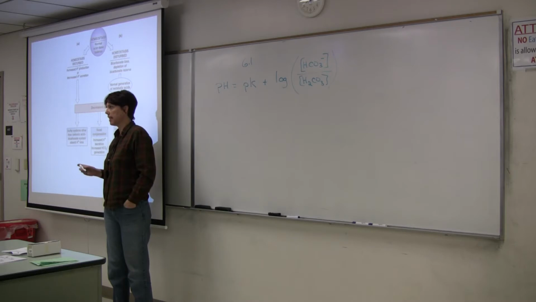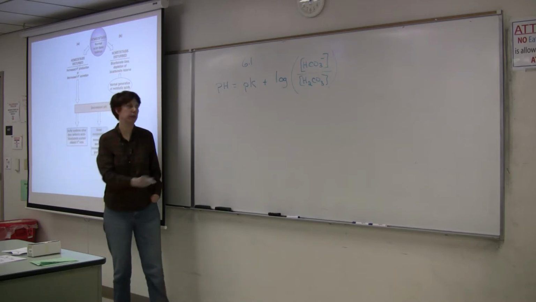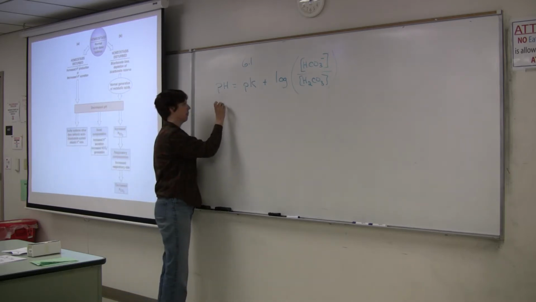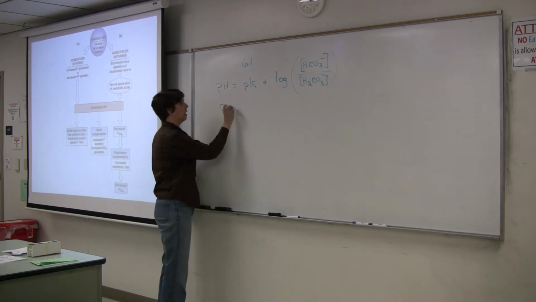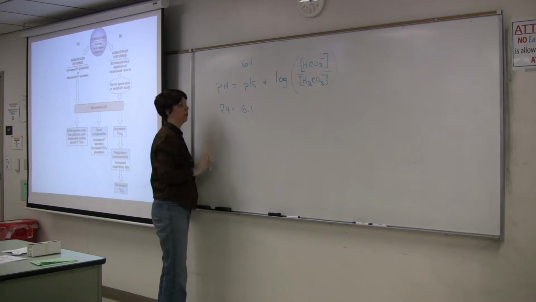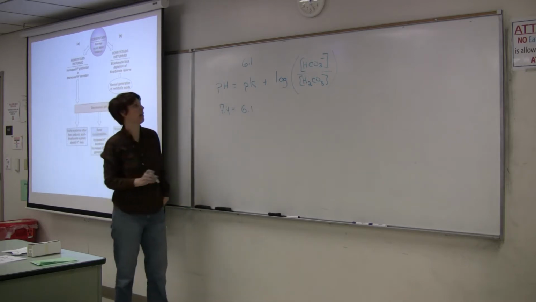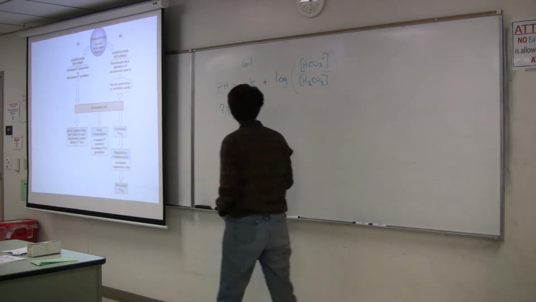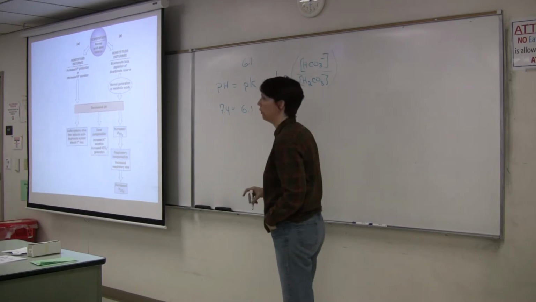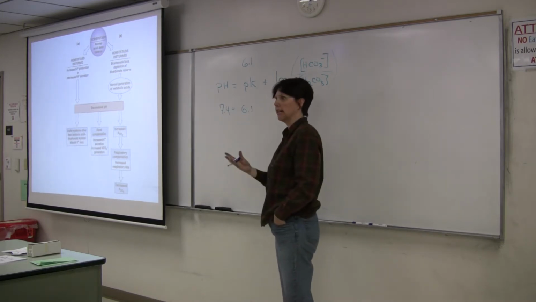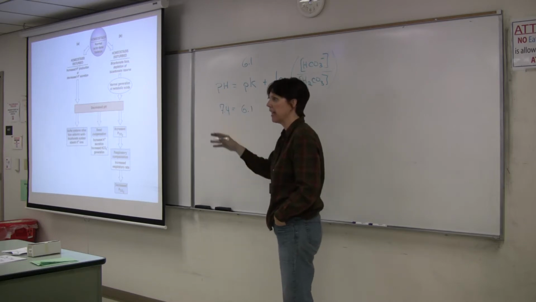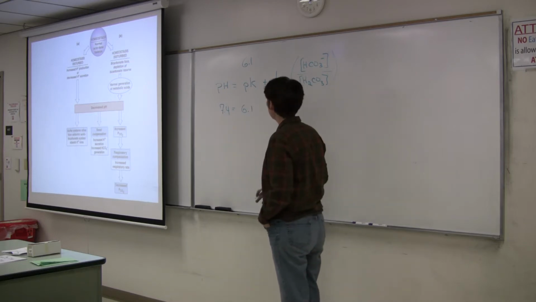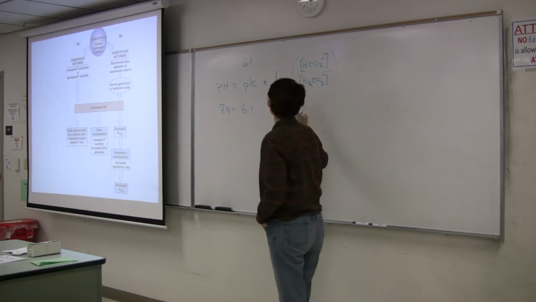Normal pH, what did I say it was? 7.4. So normal pK is 6.1. That means that to get 7.4, we're going to need a 1.3. And if you do an antilog, and we'll get into that in just a moment, the antilog of 1.3 is 20.